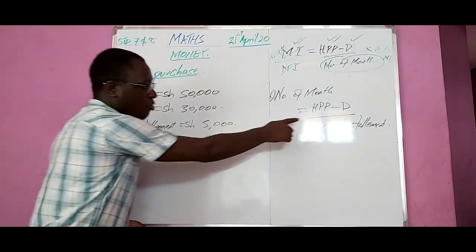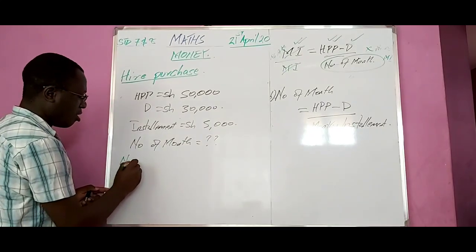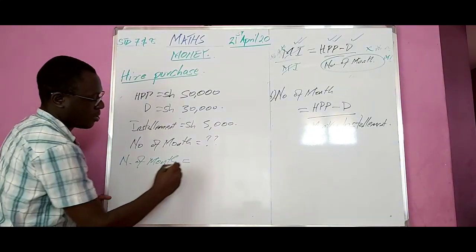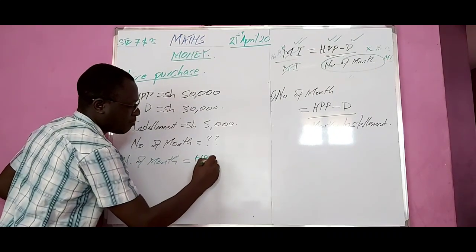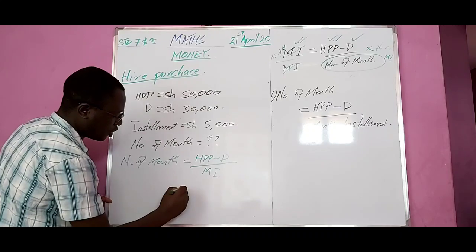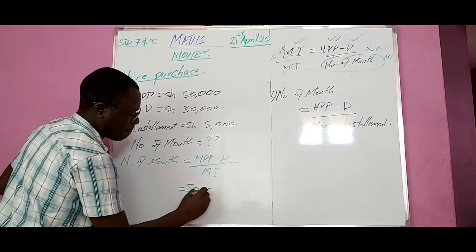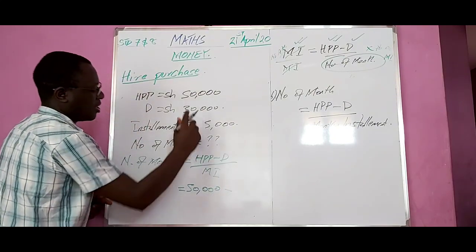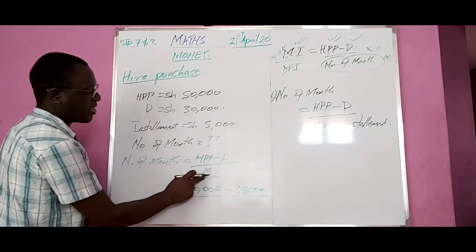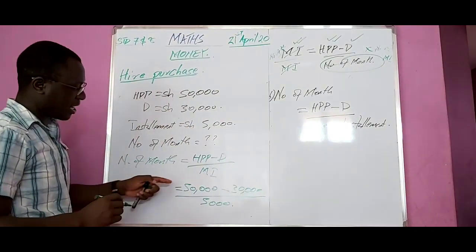So using the formula, number of months is equal to hire purchase price minus deposit over monthly installment, which is equal to hire purchase is 50,000 minus deposit is 30,000 divided by monthly installment is 5,000. What do you have, class, from there?